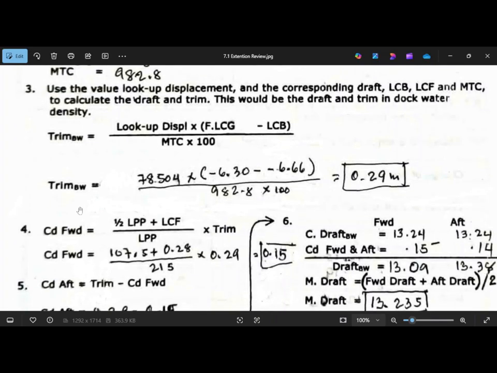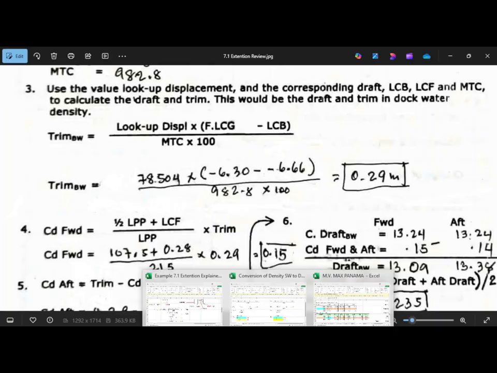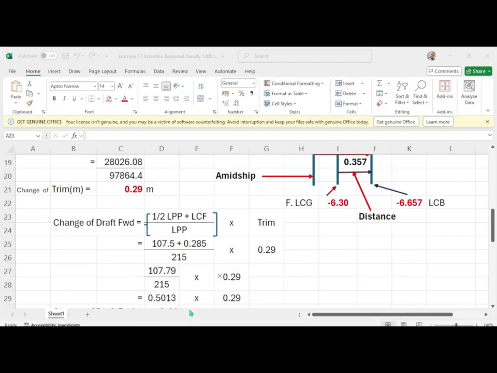That is 78504 times your final LCG of negative 6.30 minus LCB of negative 6.6 over MTC times 100, and the answer for your change of trim is 0.29.